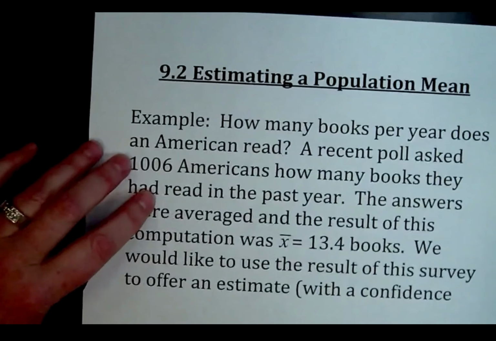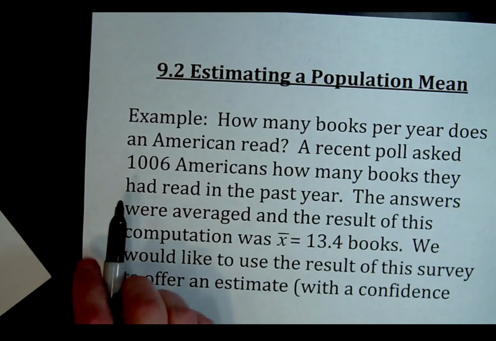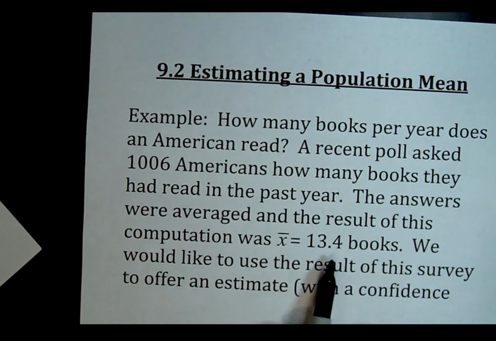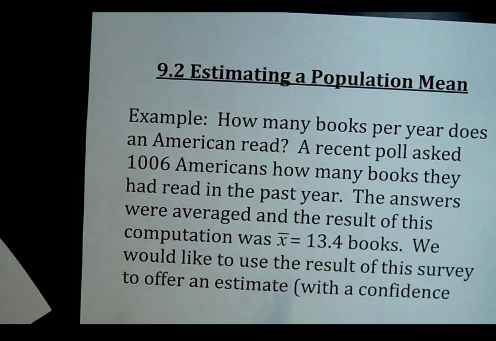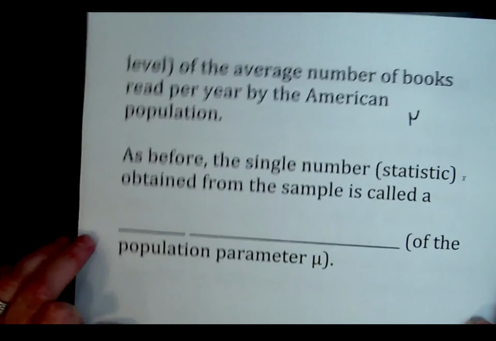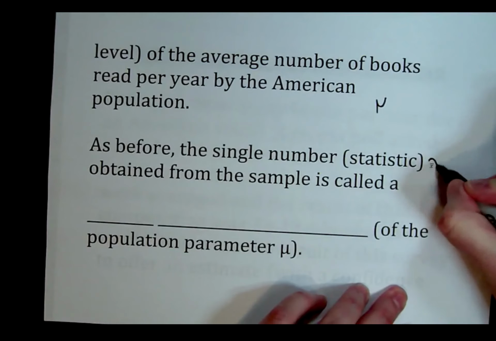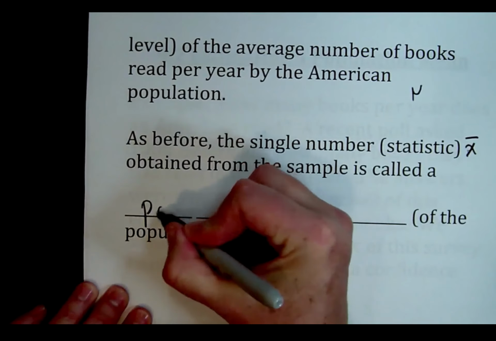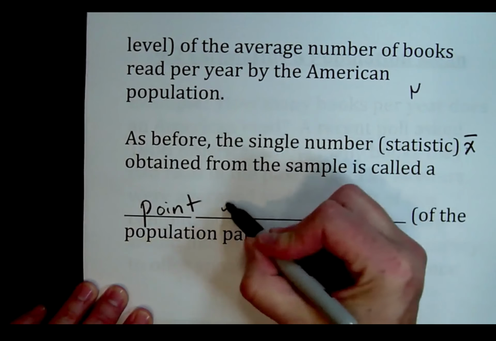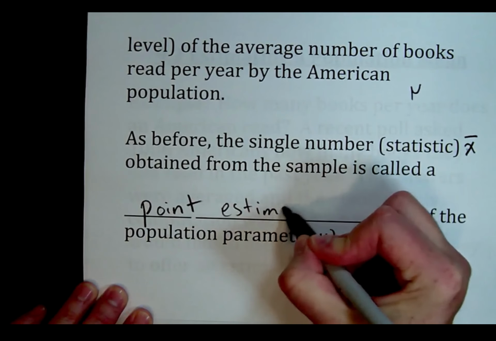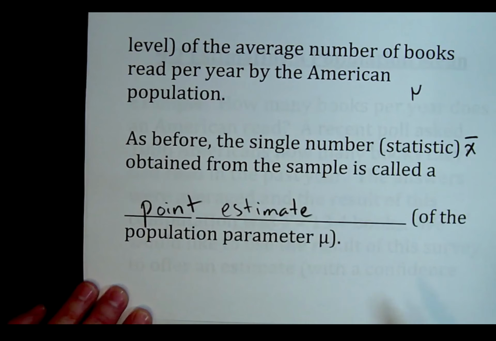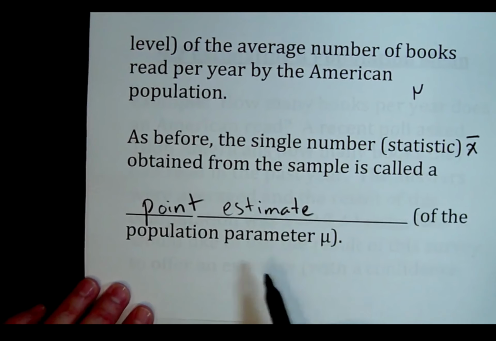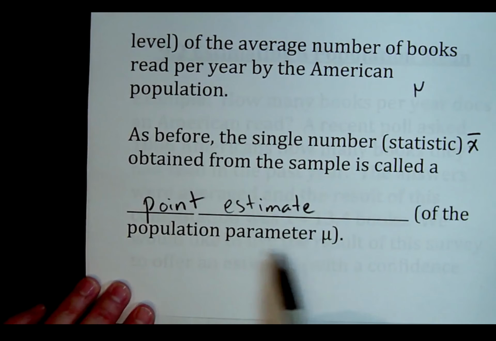What we have is a sample of 1,006 Americans, and we have the sample mean X bar. Now, as before, this single number X bar obtained from the sample is called a point estimate. And remember that numbers describing samples are statistics, whereas numbers describing populations are called parameters.